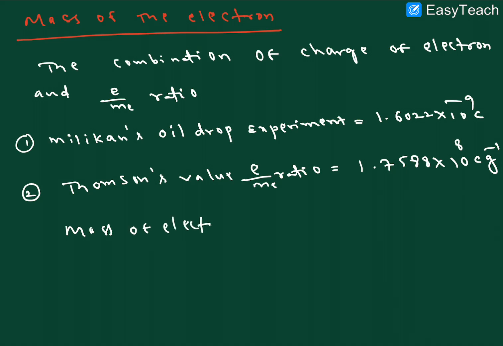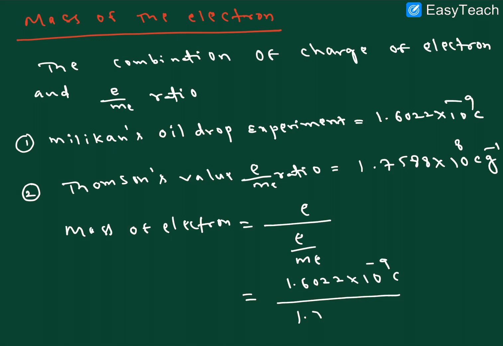Next, the mass of electron is equal to charge divided by the e/m ratio. The charge is 1.6022 into 10 to the power of minus 19 coulombs, and the e/m value is 1.7588 into 10 to the power of 8 coulombs per gram. The coulomb cancels here.